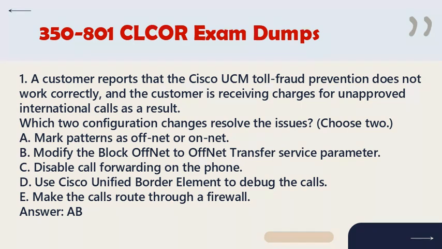B. Modify the block off-net to off-net transfer service parameter. C. Disable call forwarding on the phone. D. Use Cisco Unified Border Element to debug the calls. E. Make the calls route through a firewall. Answer: A, B.